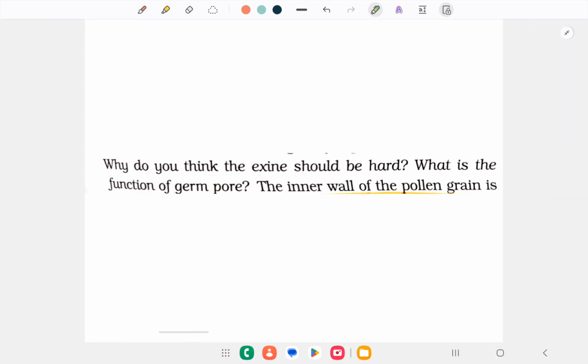Moving to the next question in page number 7: what is the function of a pollen germ pore in the pollen grain? We have an inner layer of a pollen grain and an external layer.